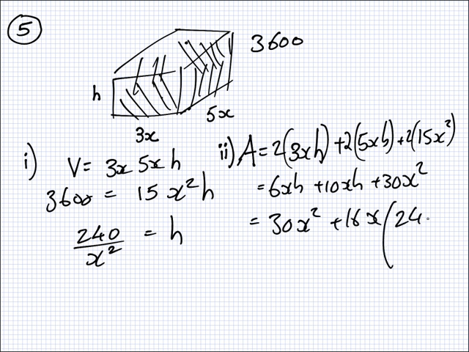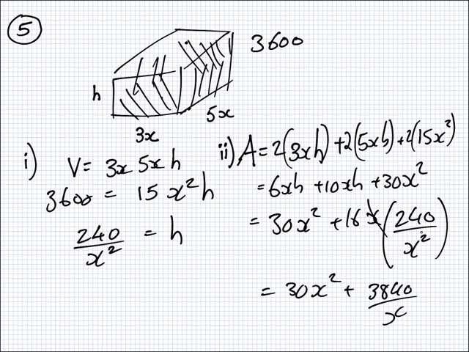And h is 240 over x squared. So that's 30x squared plus whatever 240 times 16 is. Do you mind bashing that in? 240 times 16? 3840. 3840 over x, because that cancels with that.